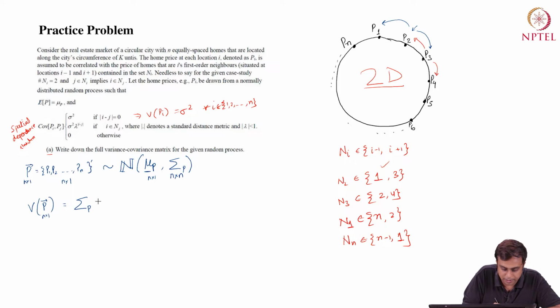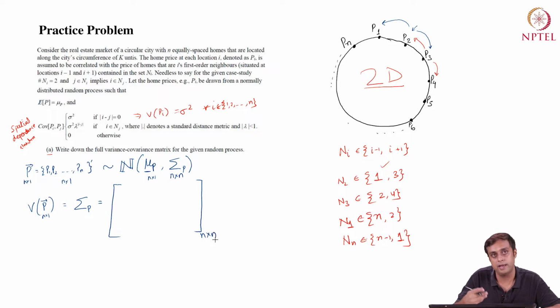sigma P. So I'm going to draw an n by n matrix, with n columns and n rows. Let's say each row represents i, so i equals 1, 2, 3 all the way till n, and columns represent locations j so far as the covariance structure goes.